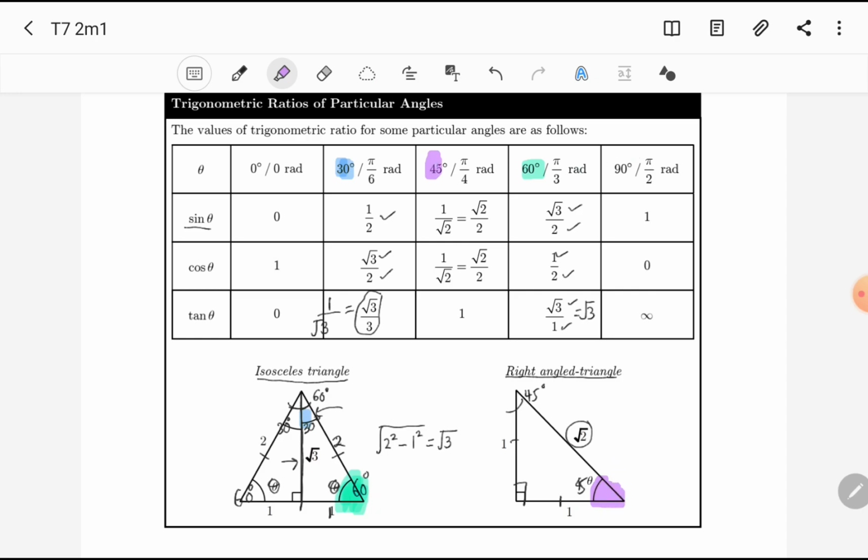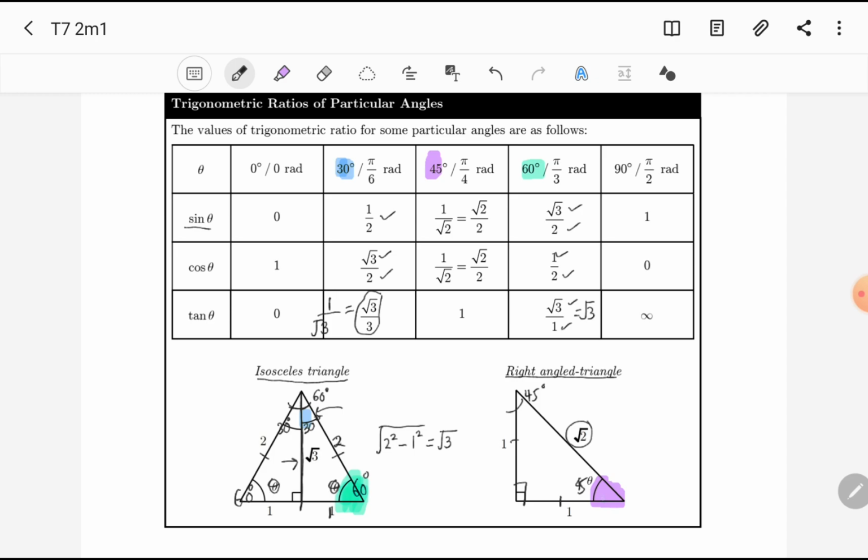So, this is for 45. Okay. So, sin 45 is opposite 1, divide by hypotenuse. So 1 over root 2 and equals to root 2 over 2.